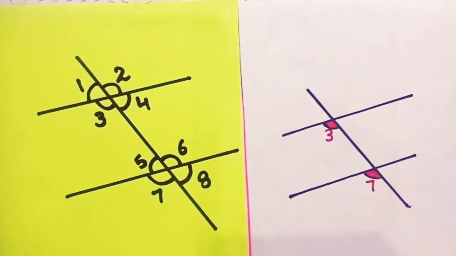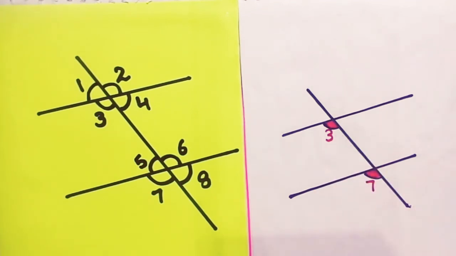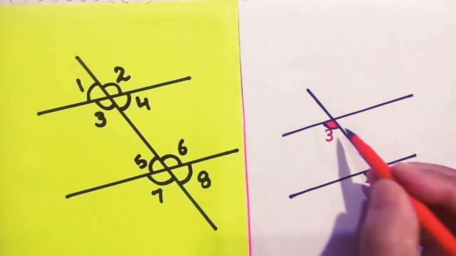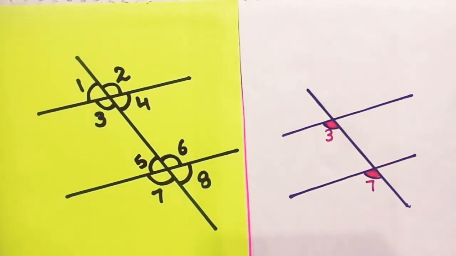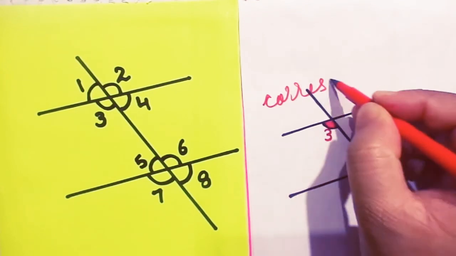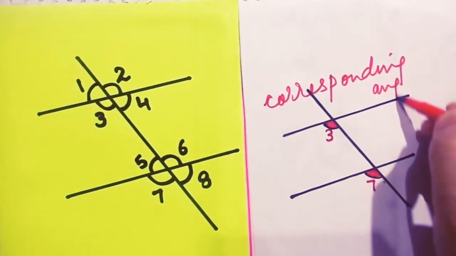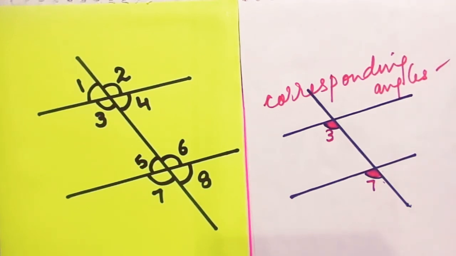Here 3 and 7. So 3 and 7, my dear, they are corresponding angles.